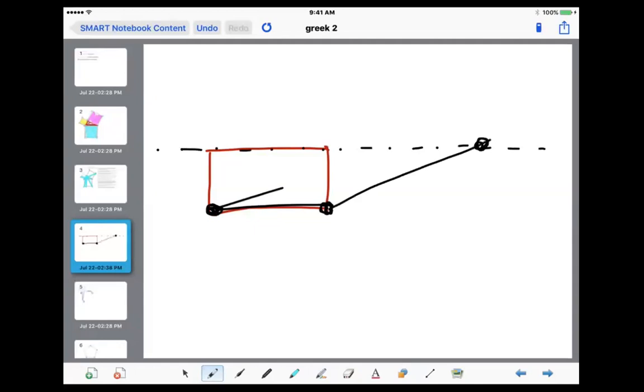I'm going to put it out there. Let's give some numbers here. What if the rectangle is 10 by 4?